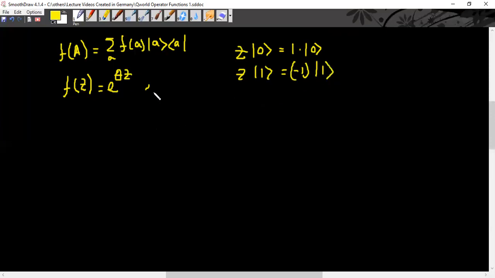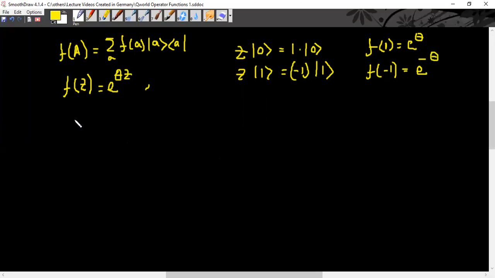Now we are going to use this fact. If we take the eigenvalue 1 as input to this function, we get e to the power theta. And if we put minus 1 as the input for this function, then we get e to the power minus theta, right?